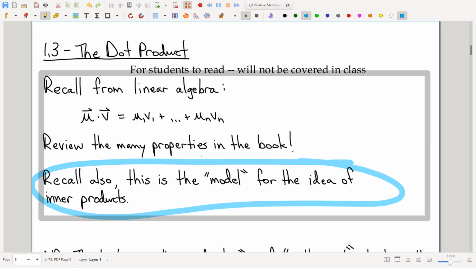You know how if you have an orthonormal basis, y'all remember orthonormal bases, right? If you have an orthonormal basis and you want to write some vector as a linear combination of those orthonormal basis vectors, orthonormal bases are great because you can compute the corresponding coefficients with dot products.